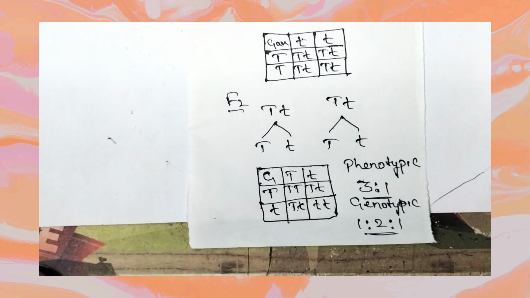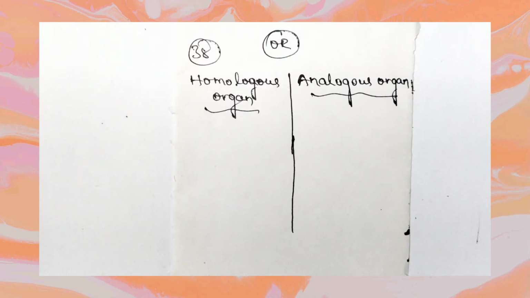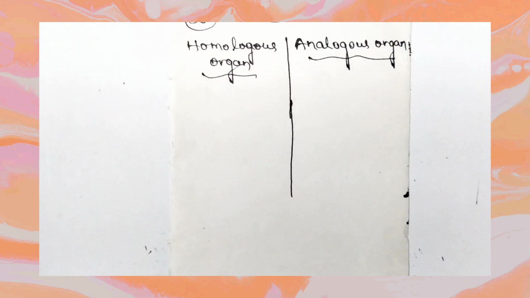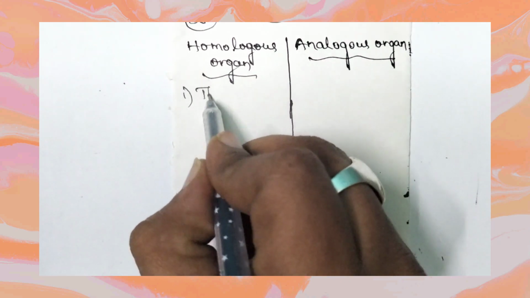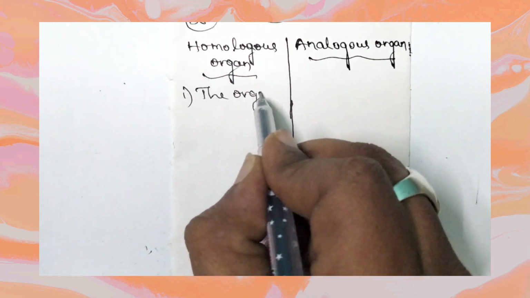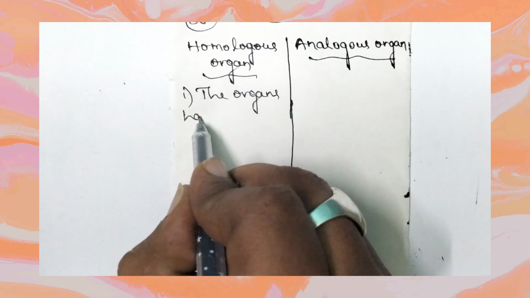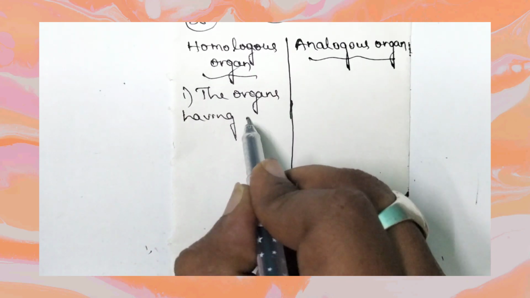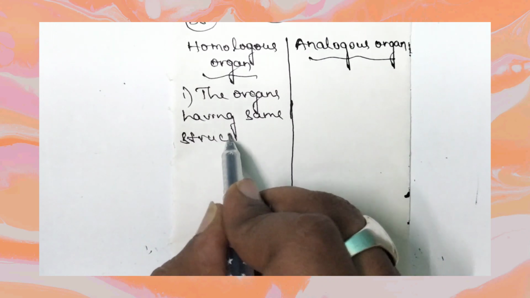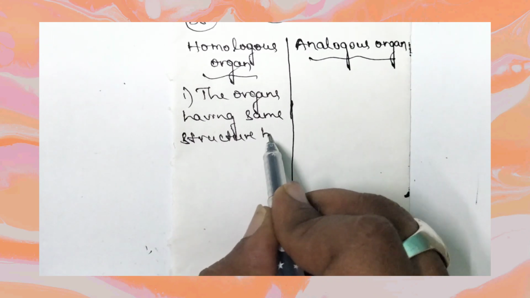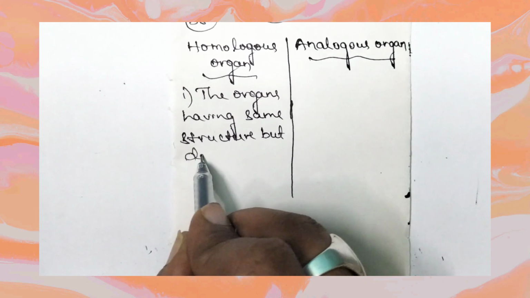Now let us move to another question. Let us answer that internal choice question. Now let us write the difference between homologous organ and analogous organ. First homologous, the organs having same structure but different function.